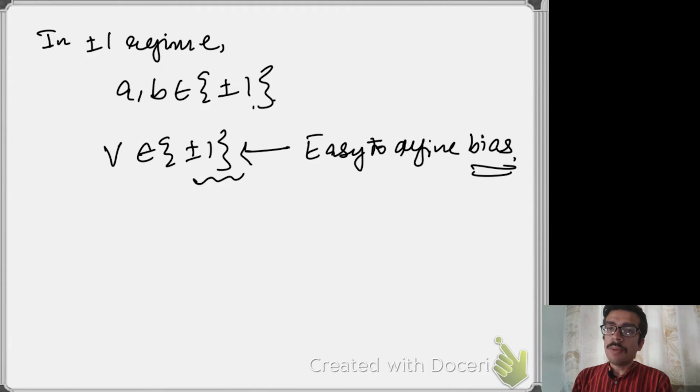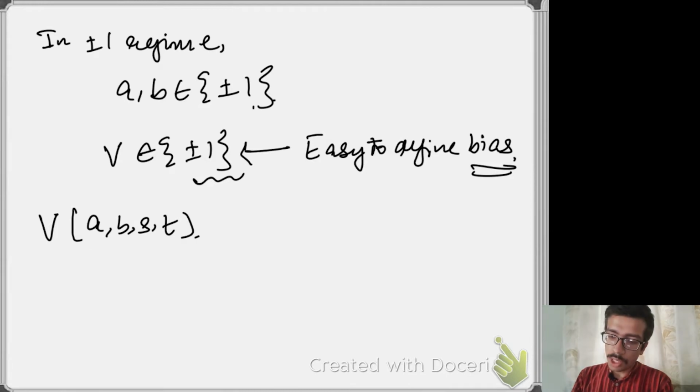So in an XOR game, what happens is that this outcome V(A, B, S, T). So here now I'm talking about the case where A and B are both ±1.